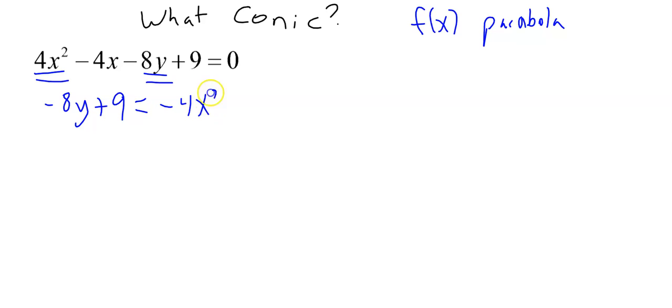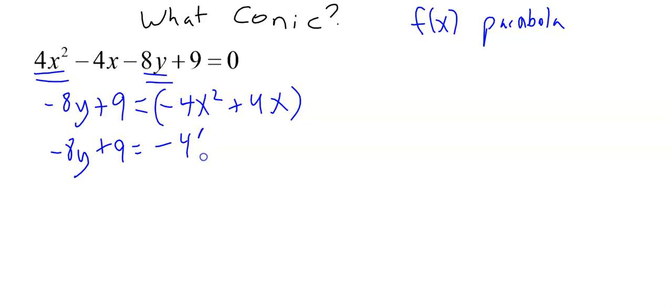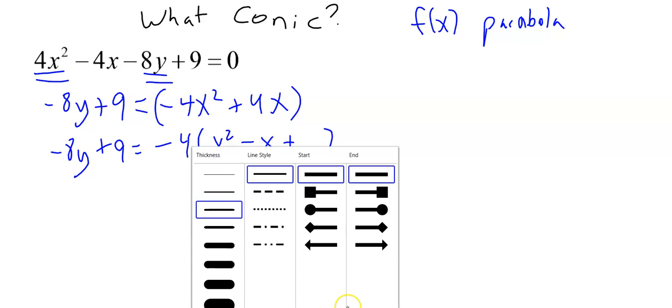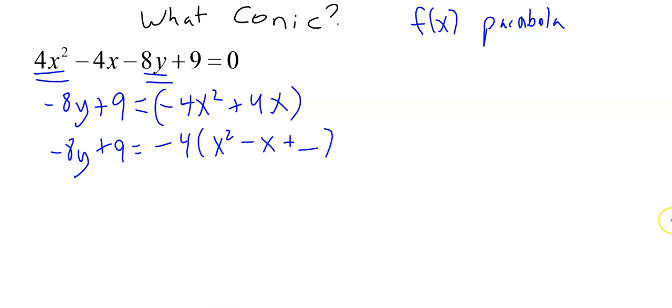Negative 4x squared plus 4x. And you want to pull out the GCF here. Actually, you can pull out a negative 4 here. That's right. So x squared minus x plus blank. So now you've got to figure out what you can add on that side to complete the square.